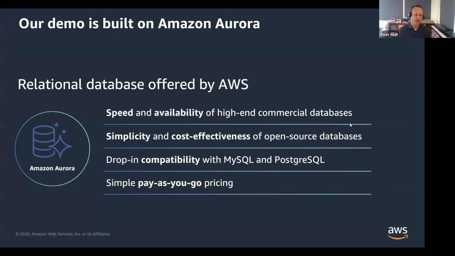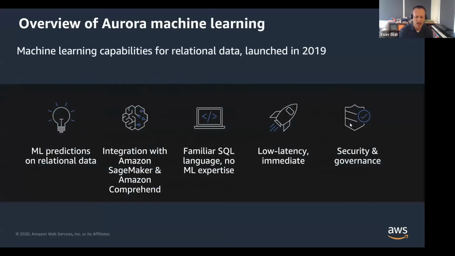It's a database based on the MySQL and Postgres databases with a bunch of optimizations and performance improvements, plus a few additional features. And it has pay-as-you-go pricing, like a cloud service. You pay for what you use.